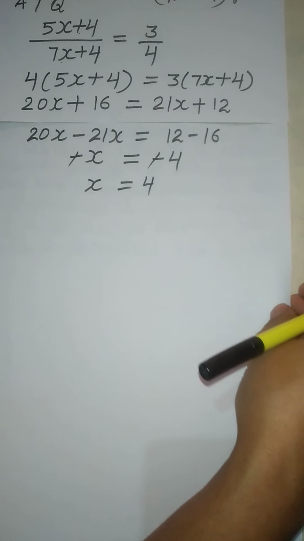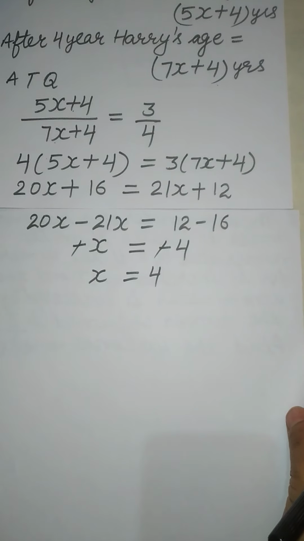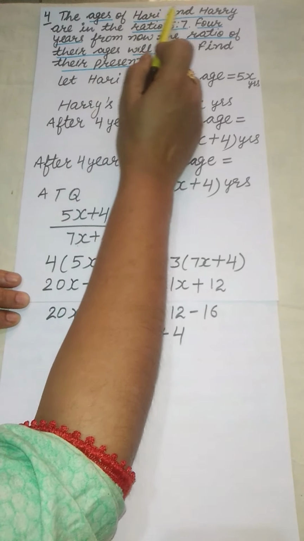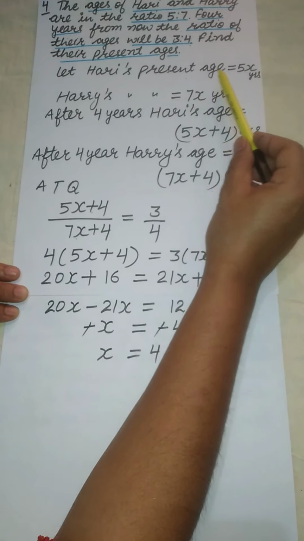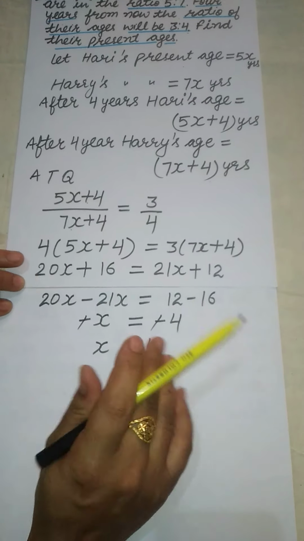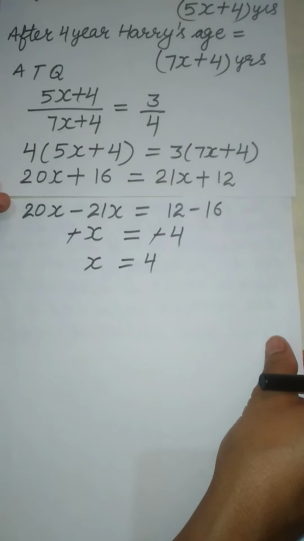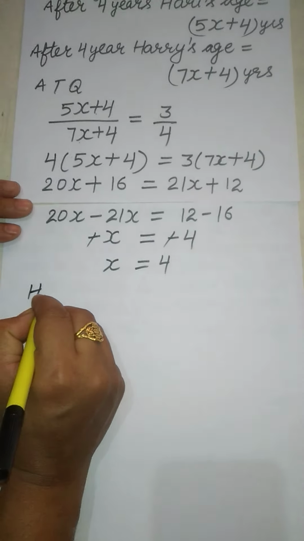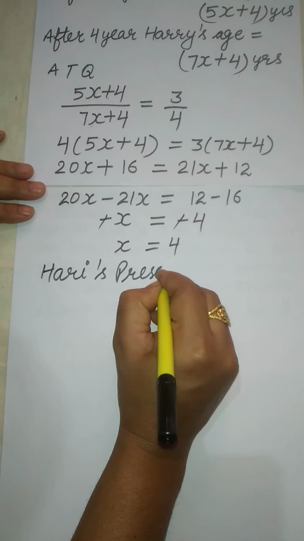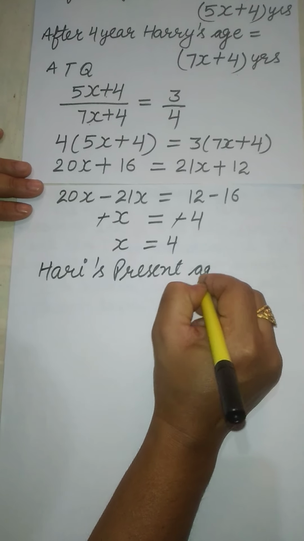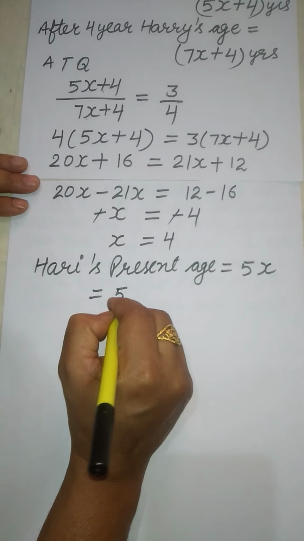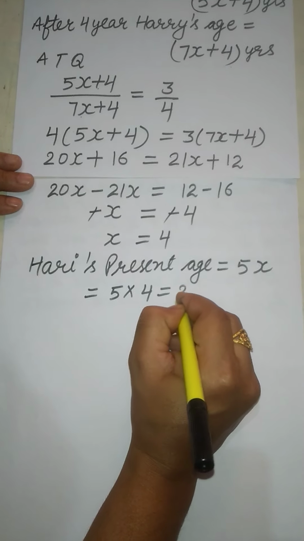Now as we are to find the present ages of Hari and Harry. Present age of Hari is 5x and Harry is 7x. So Hari's present age is equal to 5x. 5 multiplied by 4 is 20 years.